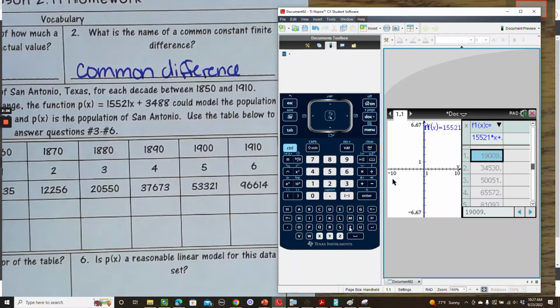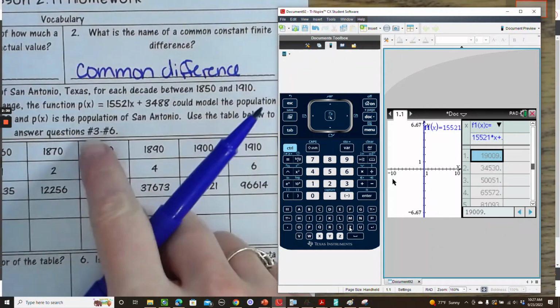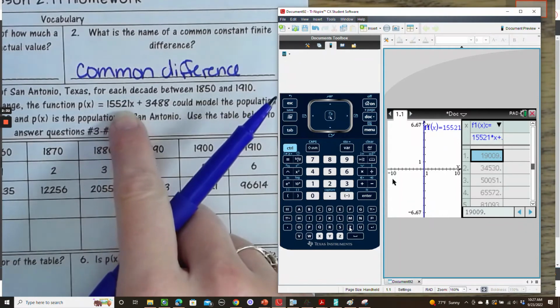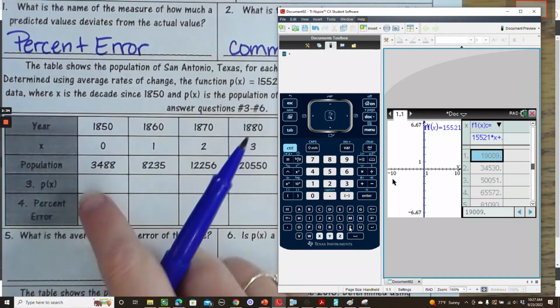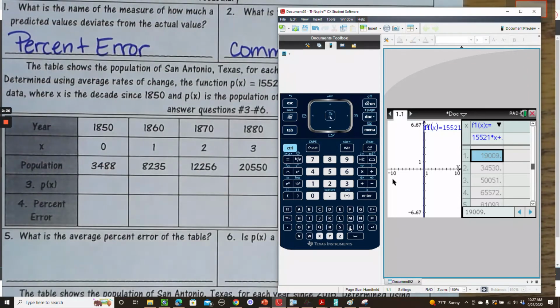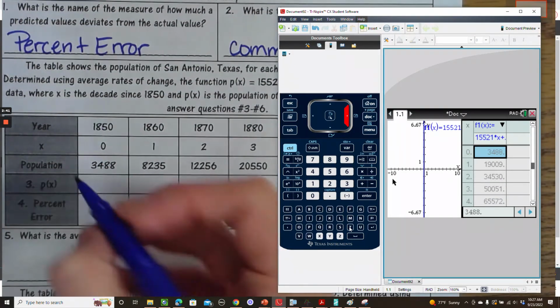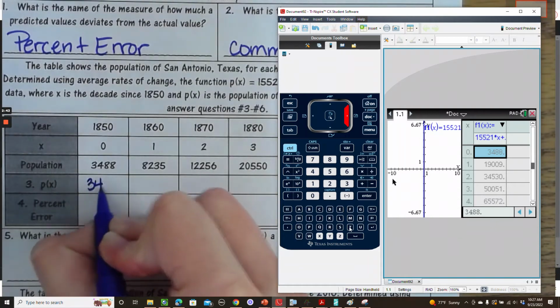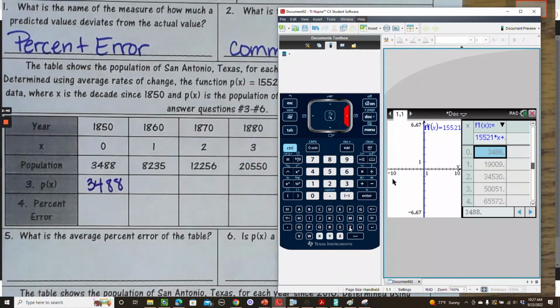So you do have to be careful. I'll let you know if it's not going to work. You type this equation in. So what we're going to do, we're going to go to where X is 0. And then the Y value, that is the predicted value using the linear model.